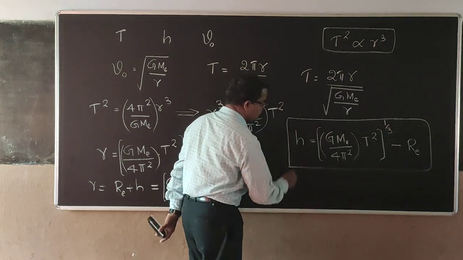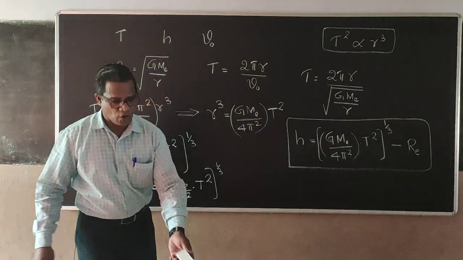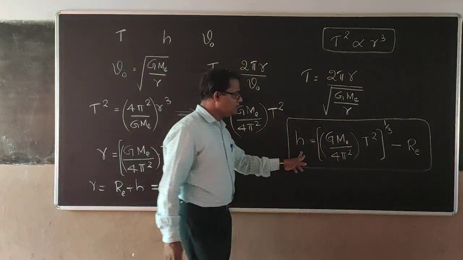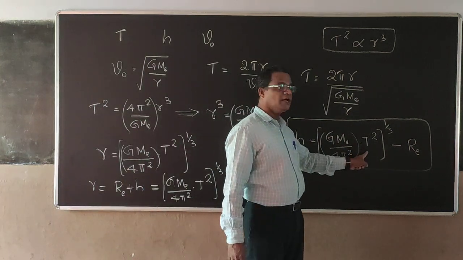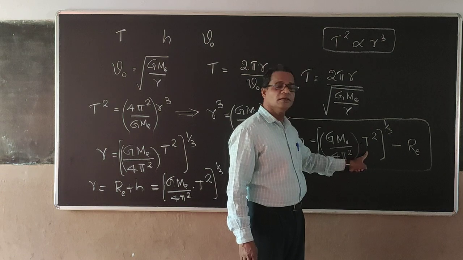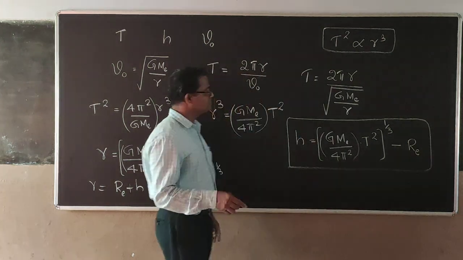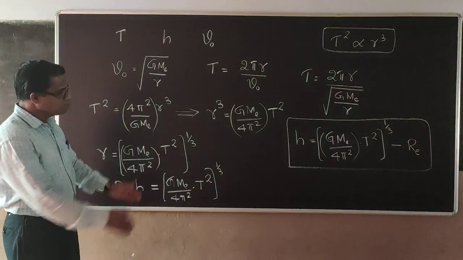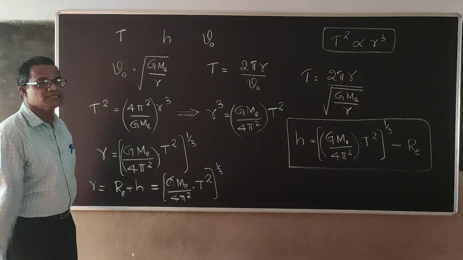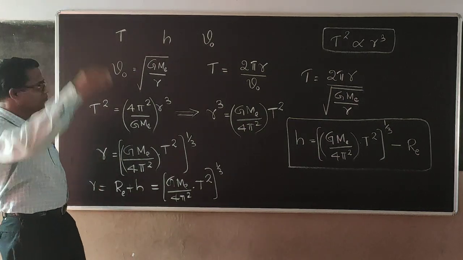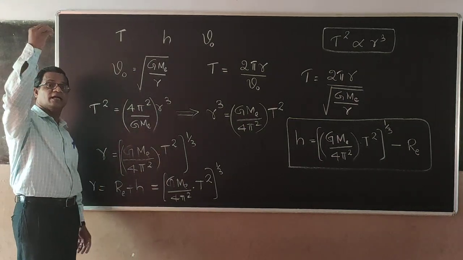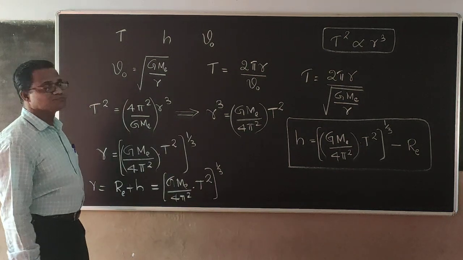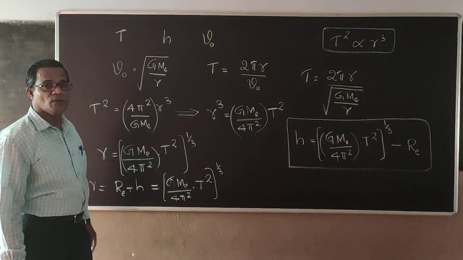Now this is the simple formula for calculating the height for a definite time period T of revolution of the satellite. Using this equation, we decide the height up to which the satellite can be launched.